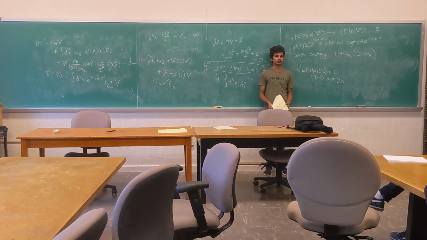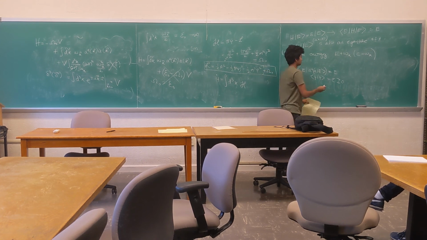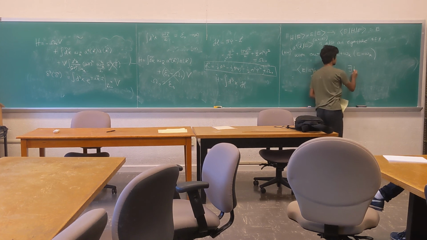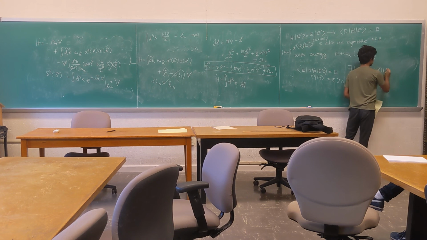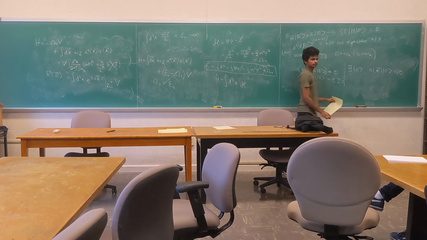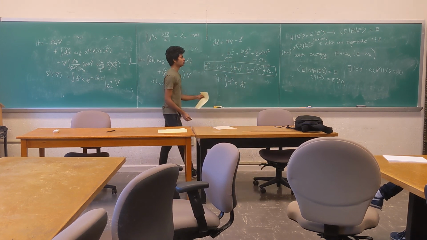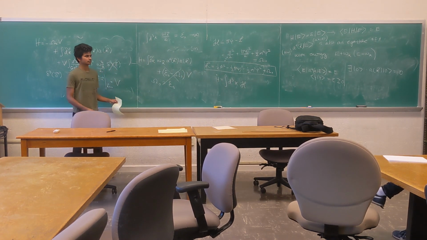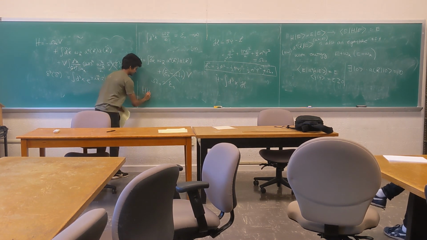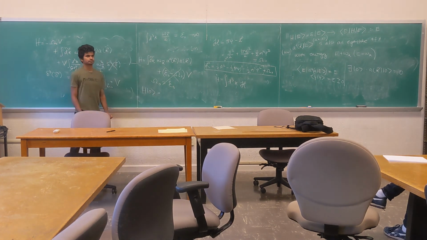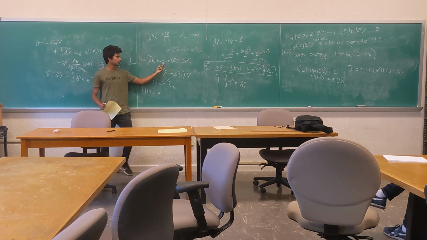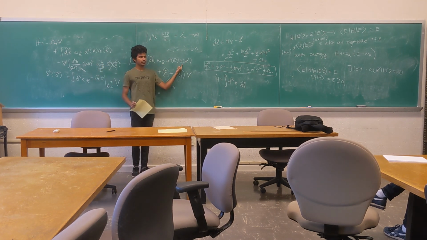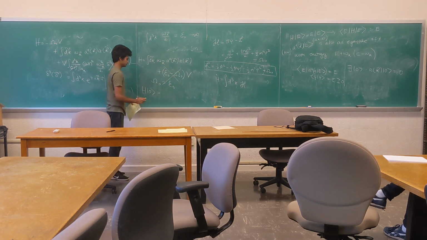So there exists a state 0 such that A acting on 0 is 0. Now what's the energy of the ground state? H acting on 0 gives A dagger A on 0, which is 0.